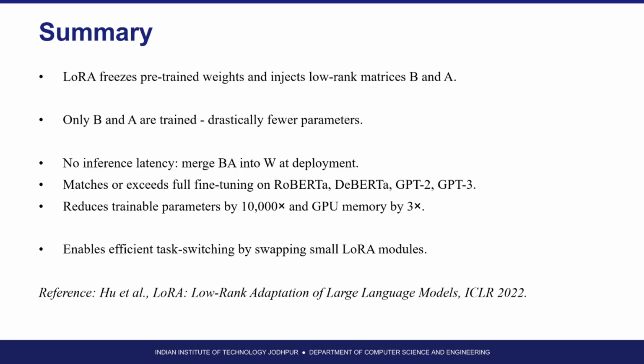The model performs as if it were fully fine-tuned. LoRA matches or exceeds full fine-tuning performance on a wide range of models and datasets. Task switching is also simple. You just subtract the BA matrix, and for another task you just add another BA matrix.